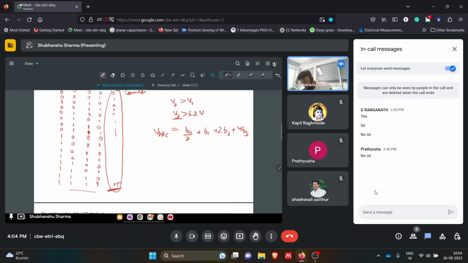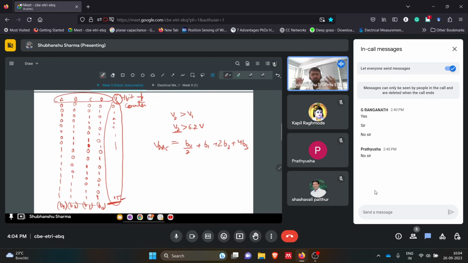So this is B3, B2, B1, B0. Let's say these were all 1111 bits. Then the DAC output will be 1 by 2 plus 1 plus 2 plus 4, that is 7.5.